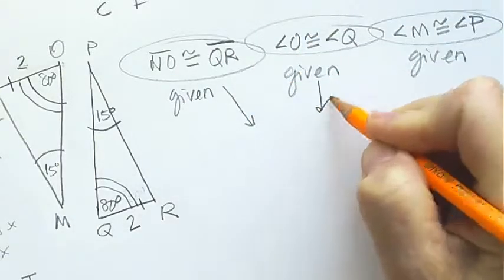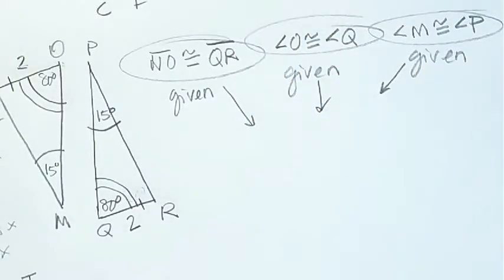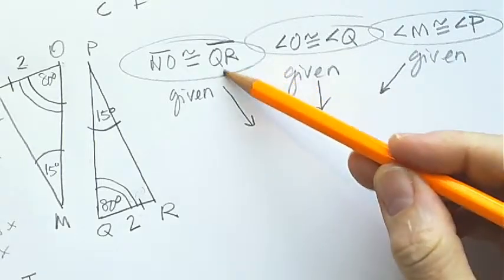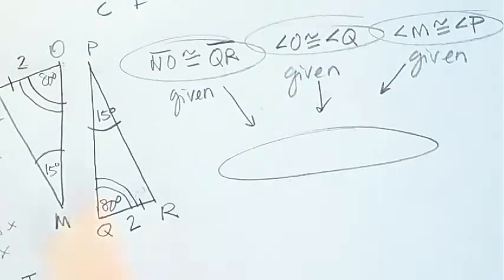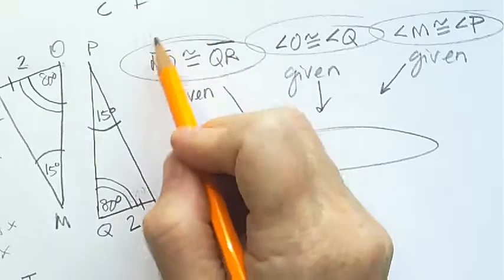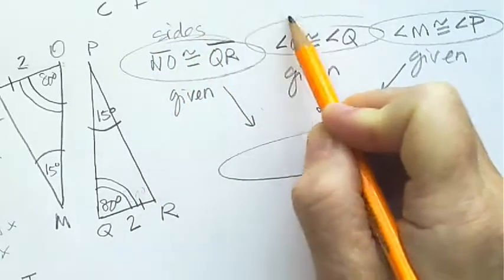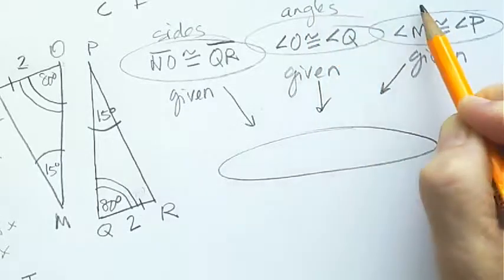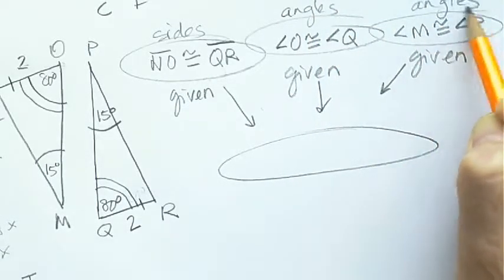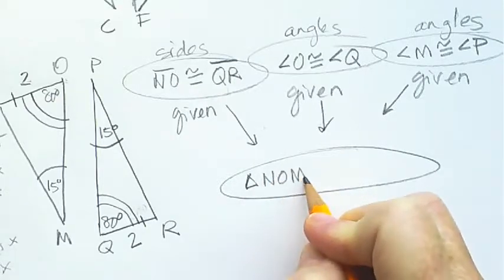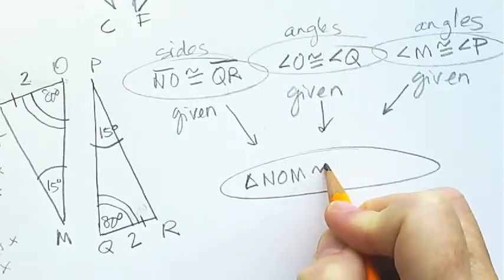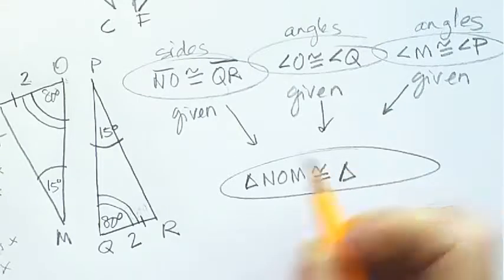And then with a flow chart, you just draw arrows from your information saying basically these arrows lead to the following conclusion. If I know that this pair of sides, this pair of angles, and this pair of angles are congruent, then I can say triangle NOM is congruent to triangle.